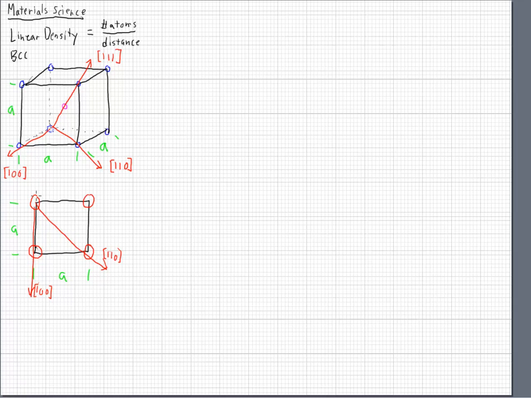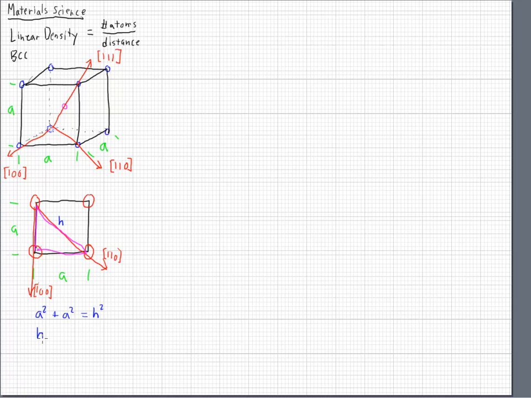Well, we need to know the distance in the 1, 1, 0 direction, and that's easy enough to calculate. So we have a triangle here, and one side is A, another side is A, and it's a right triangle. So we can use the Pythagorean theorem. A squared plus A squared equals, I call this just a nice hypotenuse H, H squared.